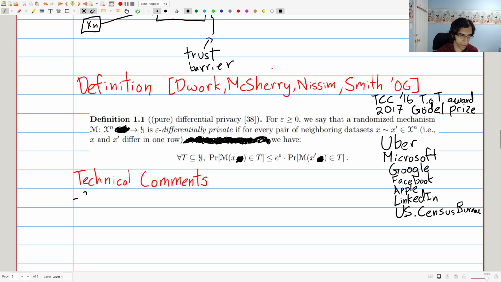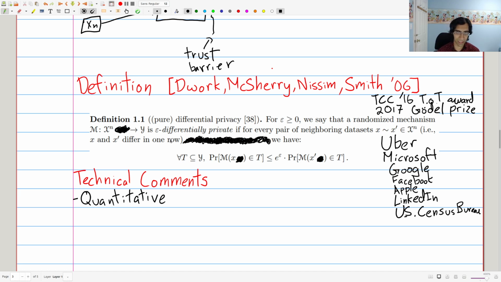So there are a number of technical comments I want to note here. First of all, this is a quantitative definition, in the sense that it's parameterized by some value epsilon. The smaller the value of epsilon, the more private it is. In fact, epsilon equals 0 is perfect privacy, so to speak.